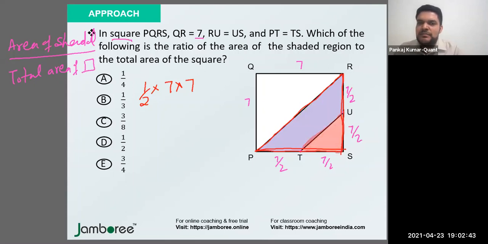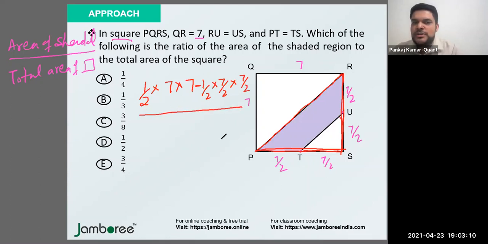Because with this help, I can figure out the area of the remaining portion. If I subtract half base into height, from the larger triangle I've subtracted the smaller triangle, which gives you the shaded portion. But this is not sufficient because after that, I have to divide by the area of the complete square. What is the area of the square? Which is 7 into 7.